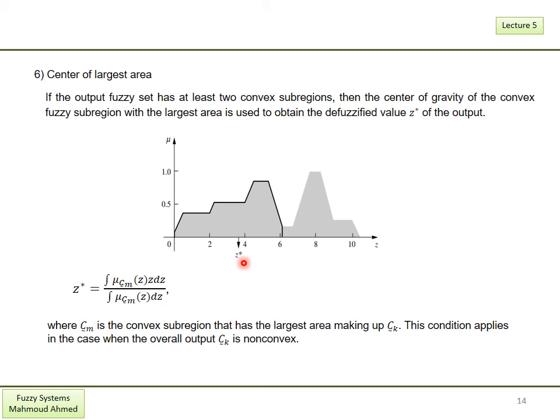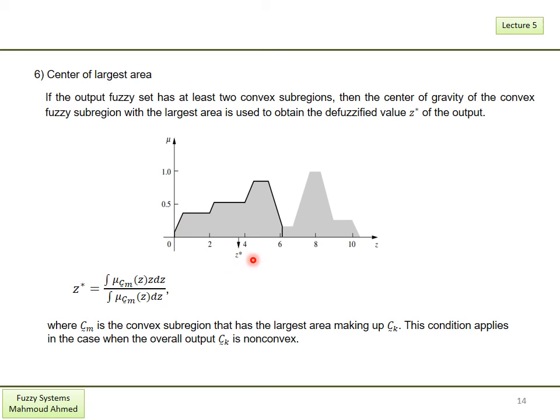This means, in other words, we calculate the area for each convex subregion. This is the first region, which is lined here with a black line at the barrier, and this is the second region. So we calculate the area of this one and the area of the first one here.